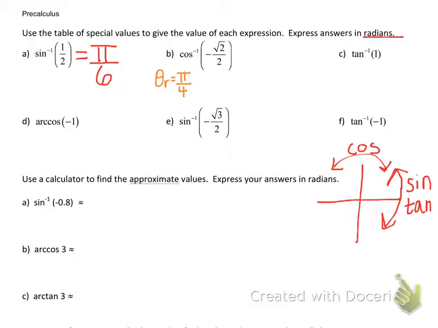So to find that value, since we know it's going to be in quadrant 2, we do pi minus pi over 4. And when you solve this, you need to find a common denominator of 4. So your value of the cosine inverse of negative root 2 over 2 is 3 pi over 4.